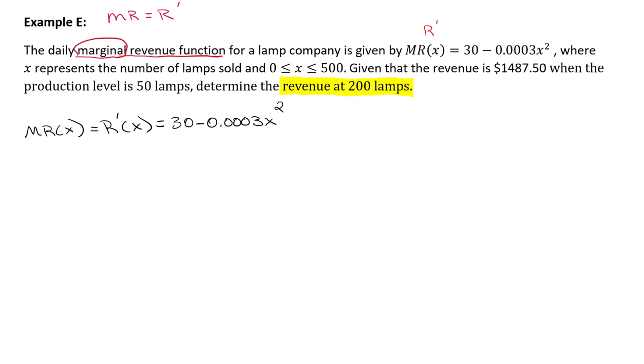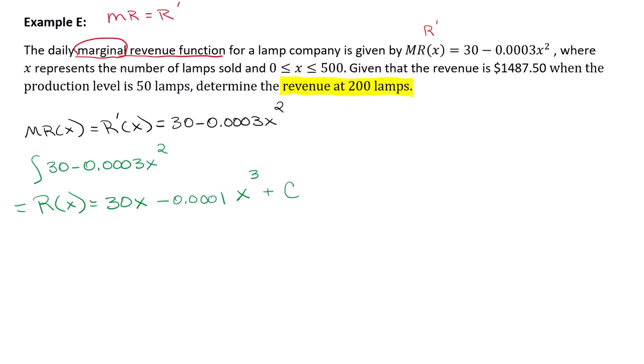So we need to find the integral of that marginal revenue function, which will give us the revenue function. So that would be 30x minus, we're going to take that x squared and add 1 to the exponent, so we get 3. And when we divide by 3, we get 0.0001. And that plus C.